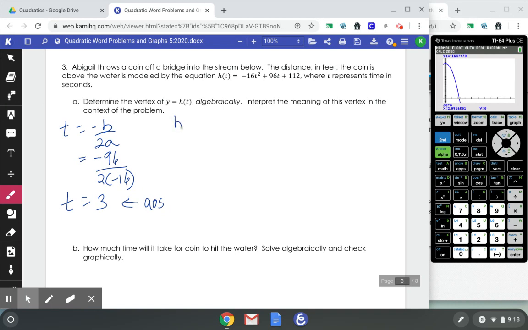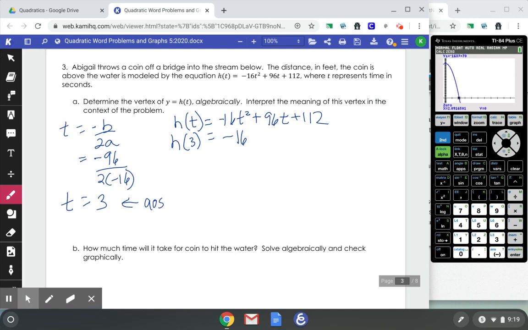So my equation is negative 16t squared plus 96t plus 112. All right, so I want to evaluate when it's 3 seconds, what is the height?